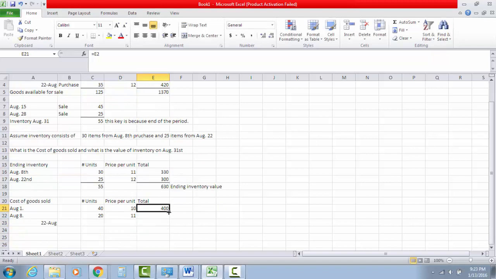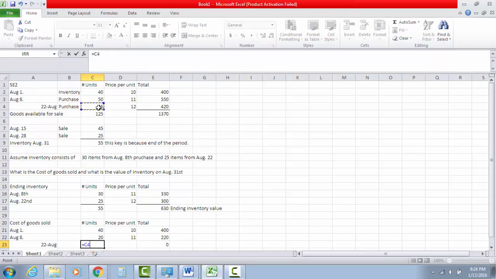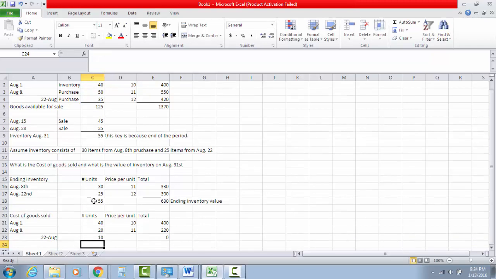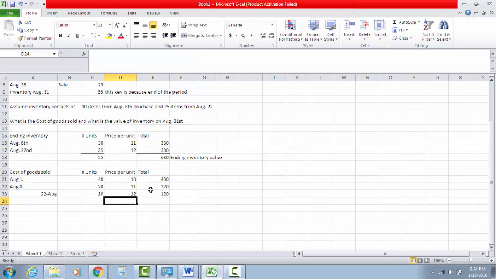And then we also have some of the 22nd purchase open. So let's take a look. Let's do the same thing. We would do equals the 35 units we bought less the 25 we have in ending inventory gives us 10. And then we purchase them for $12. So our total cost of sales, goods sold, comes out to be $740.